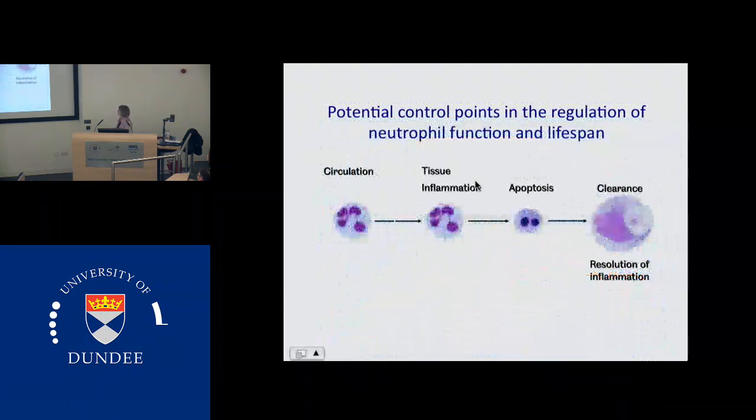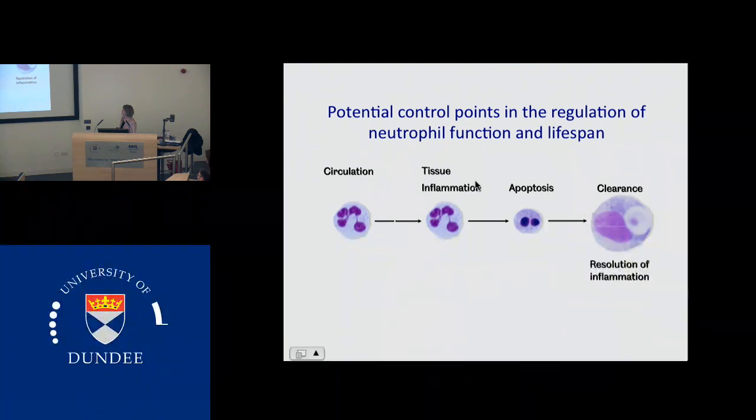Now, what we're saying here, and how I want you to think about it, is that our neutrophils spend the vast majority of their time circulating, and most of our neutrophils will live and die in the circulation in vast numbers without ever being recruited into tissue, because we don't get that many injuries or significant infections.